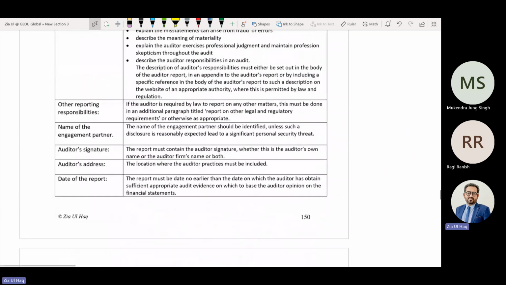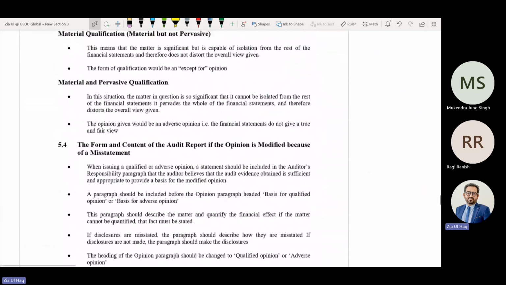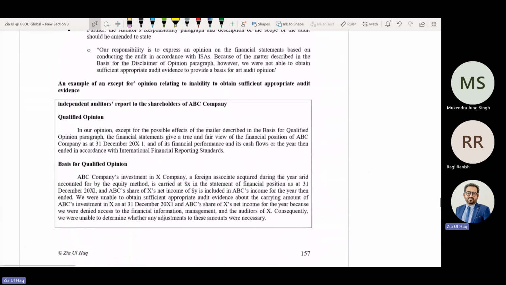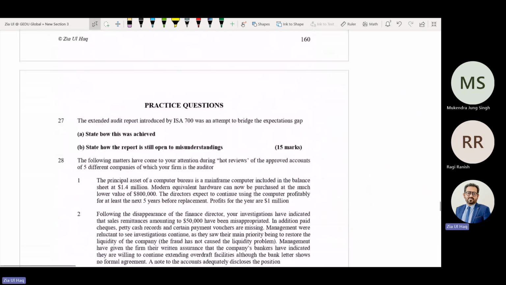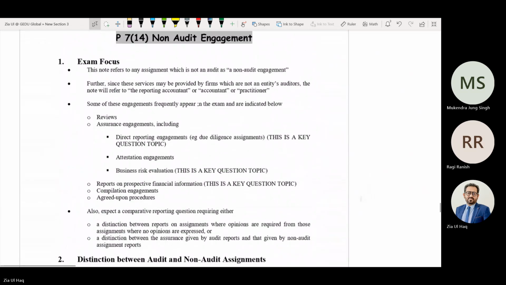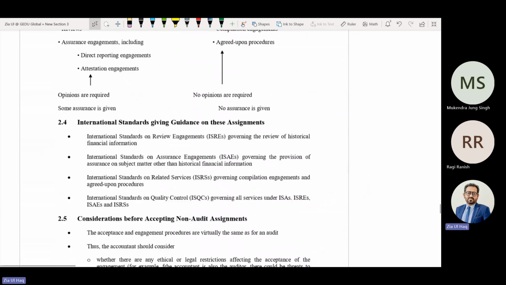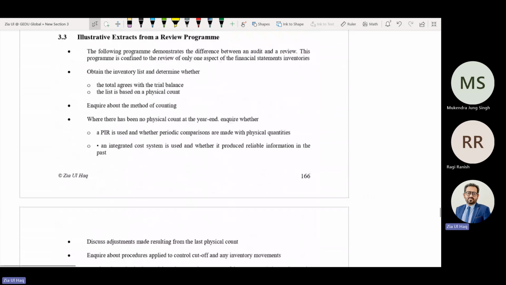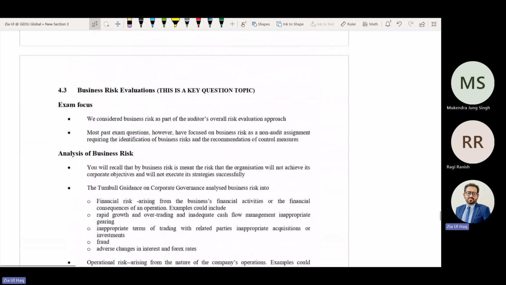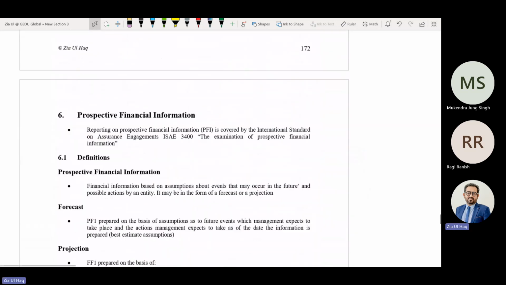There is one last chapter on non-audit engagement. Now we will look at these notes. This is the non-audit engagement chapter. In that chapter, we have a good question.